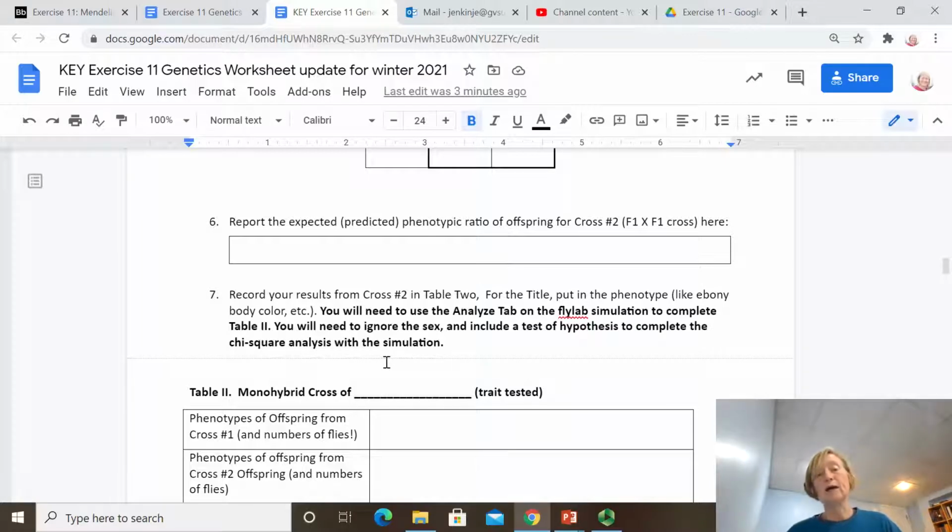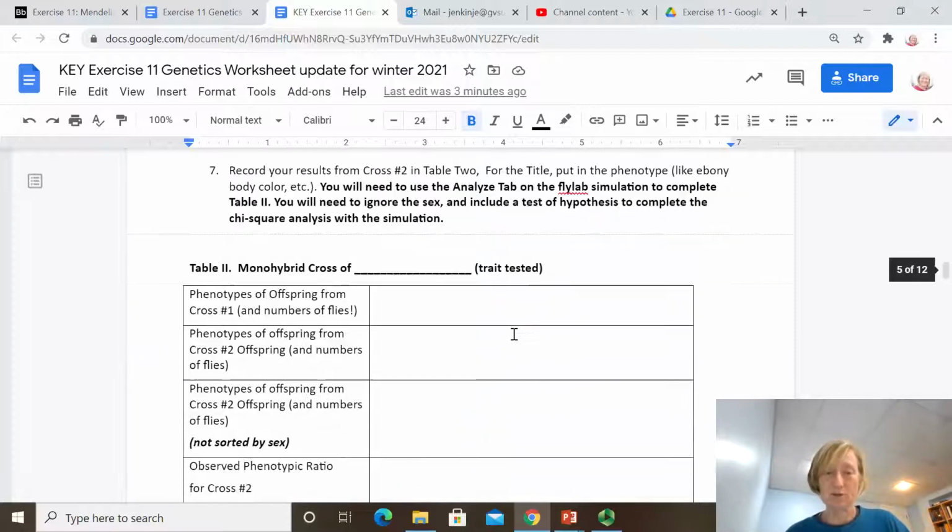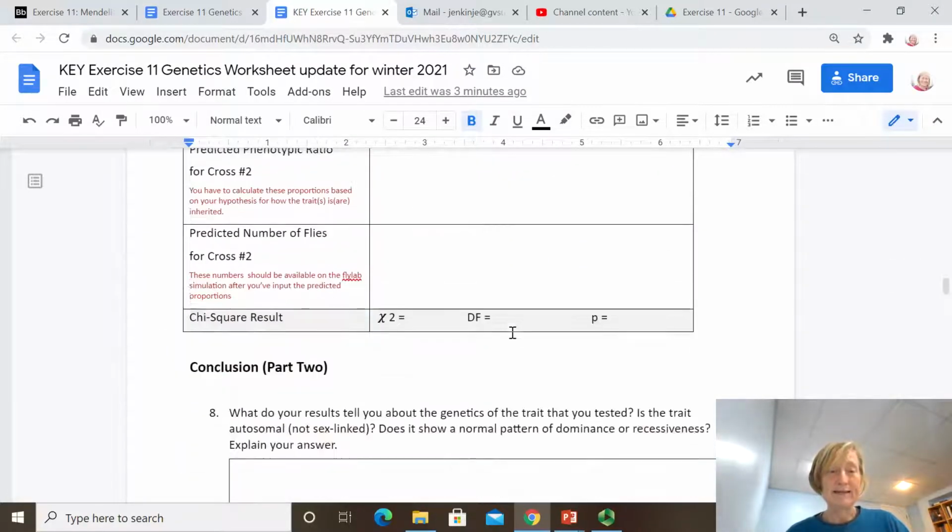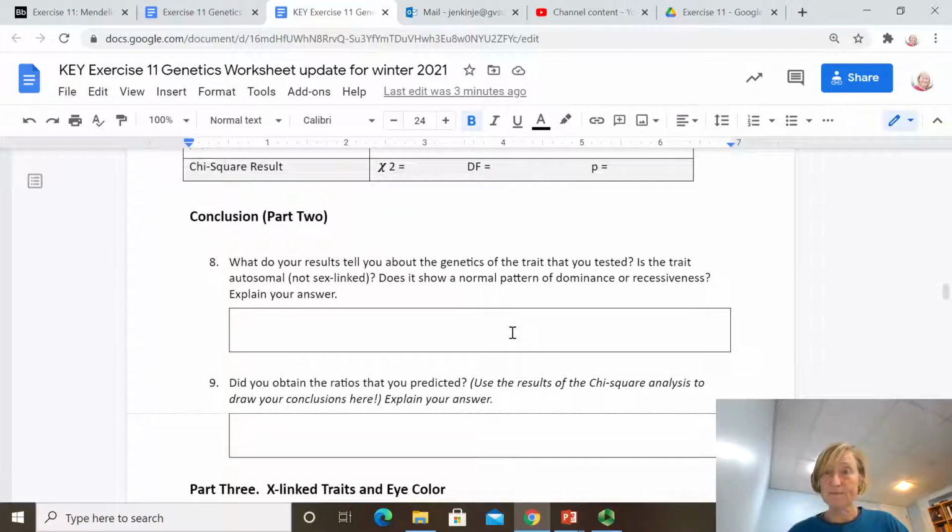Then we're going to go back and use the flylab simulator to analyze the data using a chi-square analysis and compare our predicted results from question 6 to our observed results. And then we'll draw some conclusions.